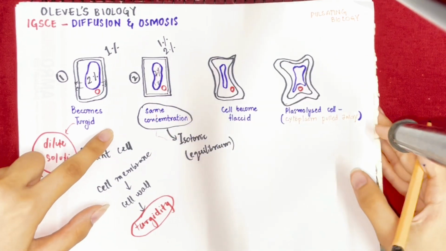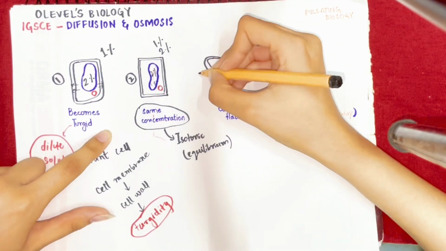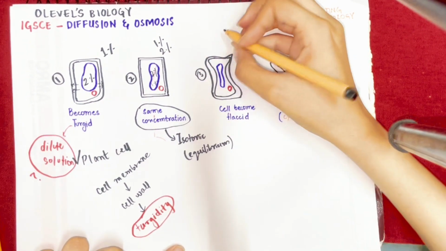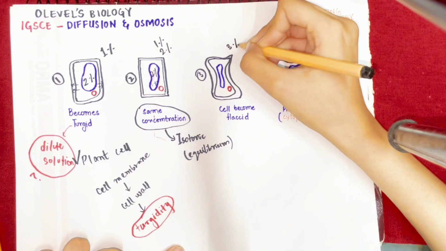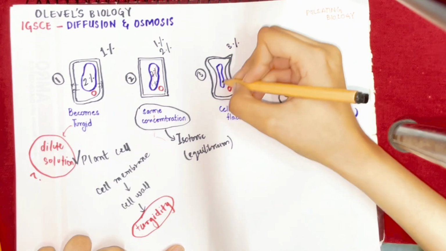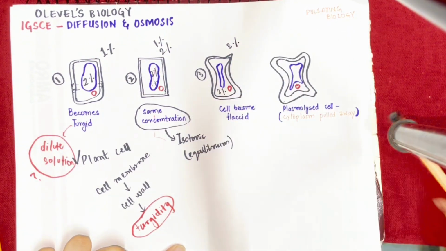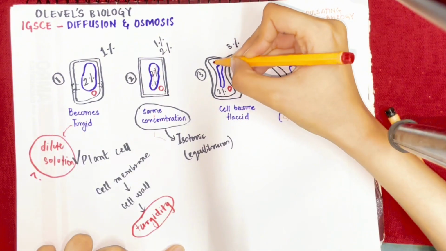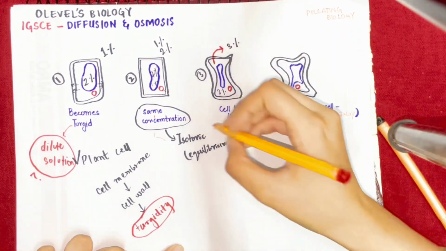All right. Let's have a look at diagram number three, in which the cell becomes flaccid. In such a condition, there is around 3% solution outside the cell, whereas around 2% solution inside the cell. The water movement is from inside the cell to outside the cell.